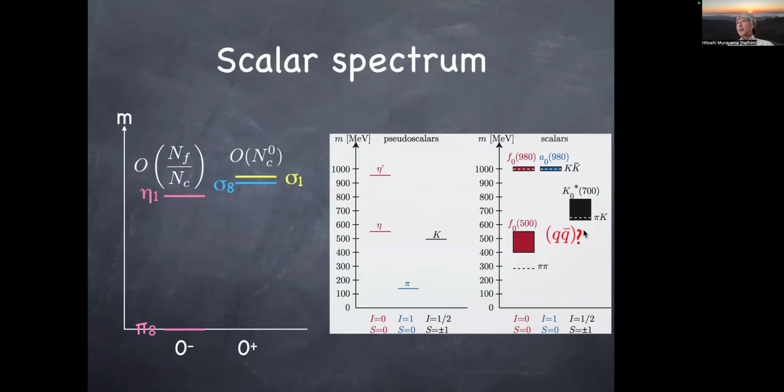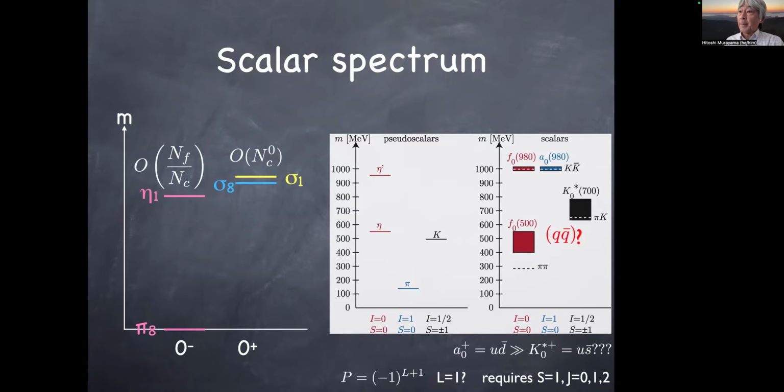Now, you can ask the question if they can be understood as a q q bar meson state, and that actually turns out to be no. First of all, this isotriplet doesn't contain a strange quark in it, if you think that's a q q bar state, but it's a lot heavier than the state that contains a strange quark in it. That is difficult to understand. Also, if you would like to get the 0+ state as a q q bar bound state, the orbital angular momentum must be 1.